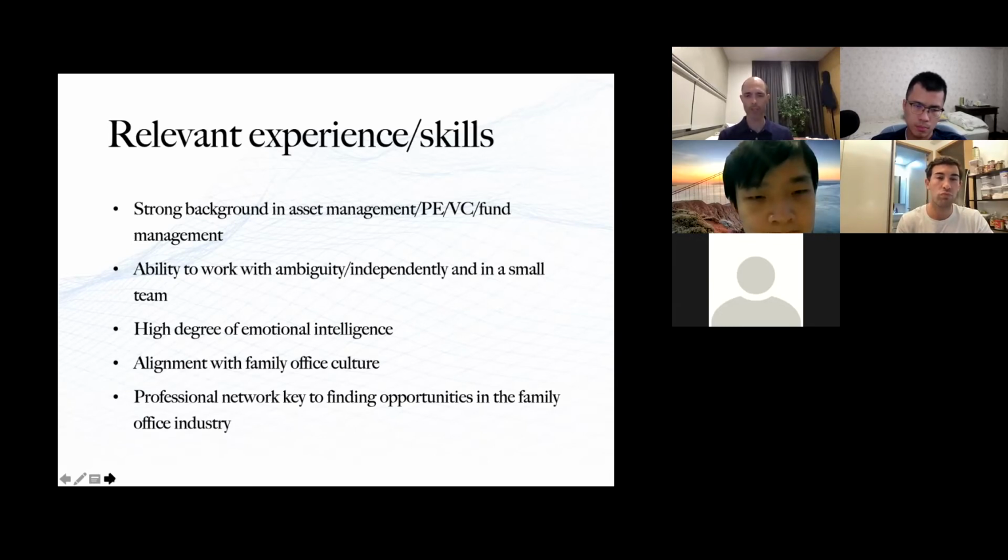And I'll touch on this a little bit later, but a lot of family offices will headhunt talent in medium to small size investment funds.